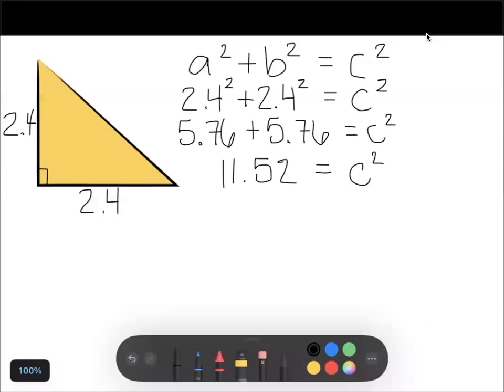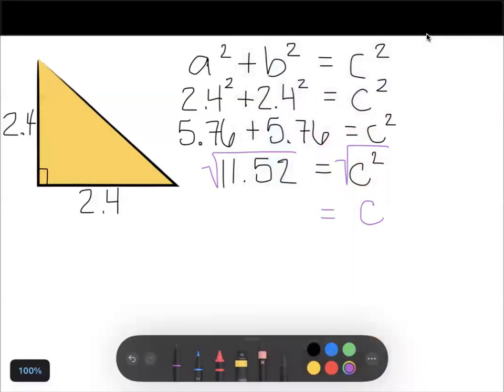Now to find out what c is, I have to take the square root of both things on either side of the equation. So I need to do the square root of c squared and the square root of 11.52. Well, the square root of c squared is c. Now I have to find the square root of 11.52. Again, it depends on how your instructor wants you to write this.